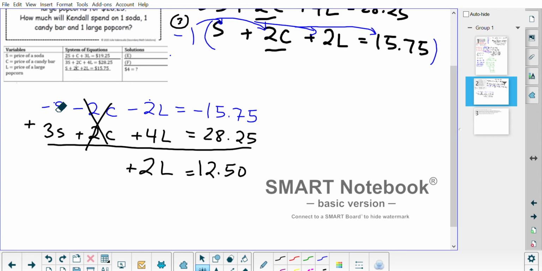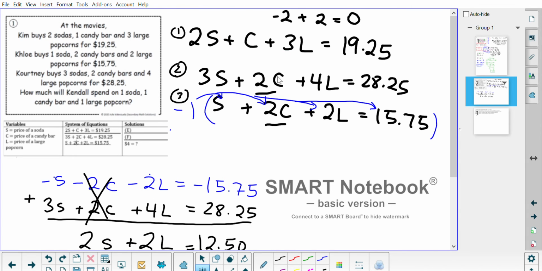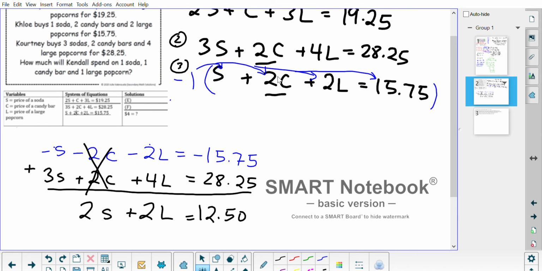And then we have a negative s, so a -1 plus 3 is just going to give us a positive 2s. All right, so it looks like this now. That's going to be one of our new equations. Now, this doesn't tell me anything, right? Both my variables are there, but at least I was able to get rid of the c's.